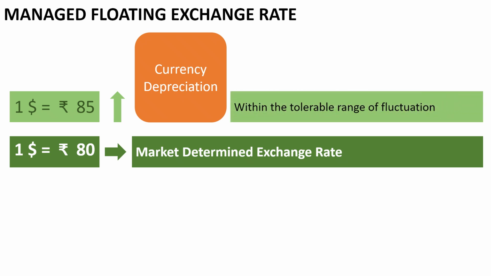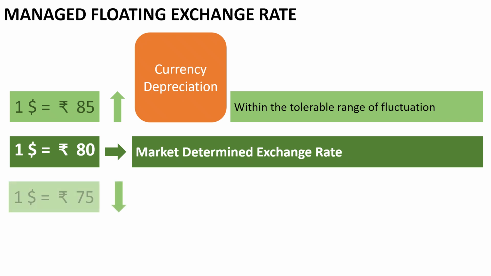Every country has a range within which it can tolerate the fluctuations in the exchange rate. Let's say that this rise in exchange rate is within that tolerable range, and therefore the central bank does not intervene in the foreign exchange market as of now.